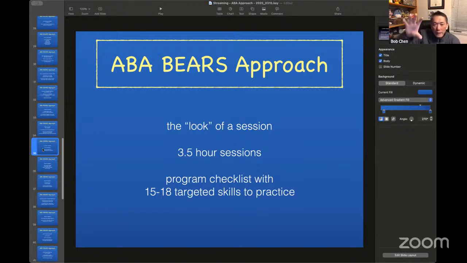We're targeting how much teaching time before they get so tired as to be ineffective, because we want the treatment to be maximally effective. And then the program checklist, which has all of the skills we're currently working on, typically has about 15 to 18 programs that we're working on every single session so that the child can learn those items.